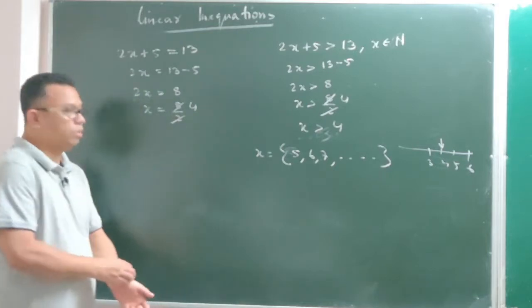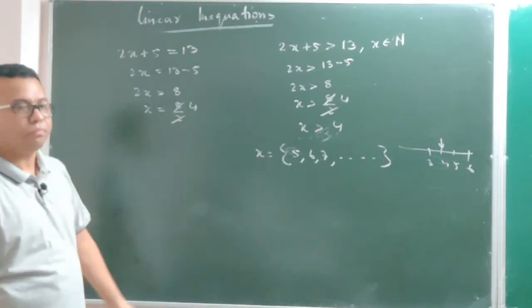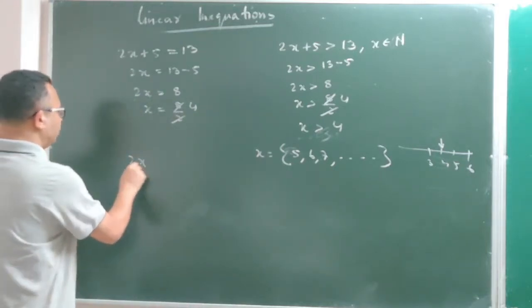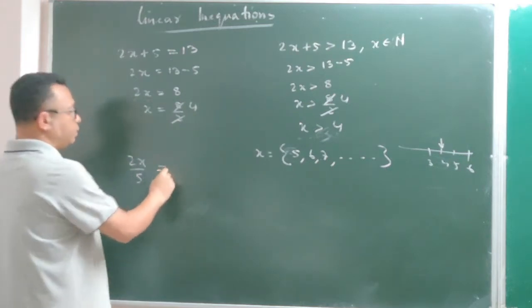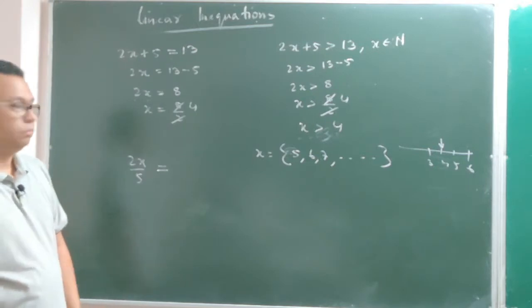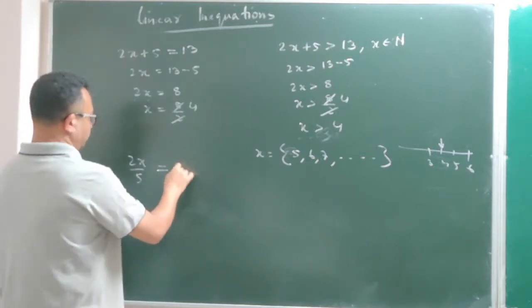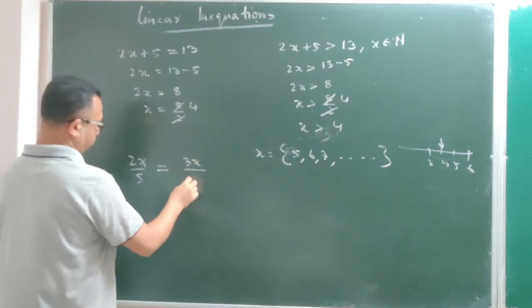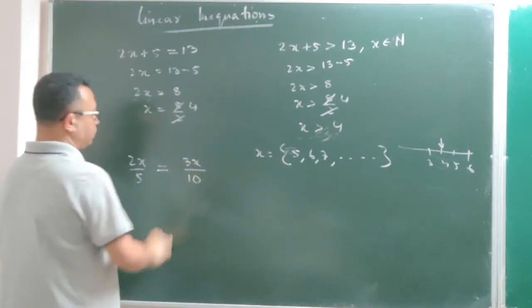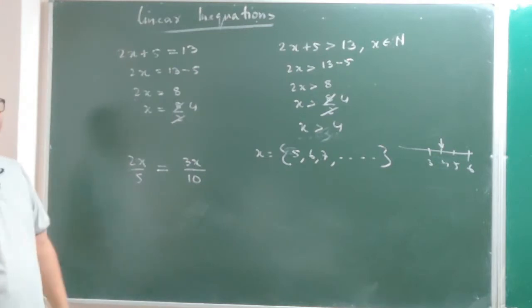Now, one more thing I want to show you here. Let's suppose you have 2x by 5 equal to, something like this is given to you.